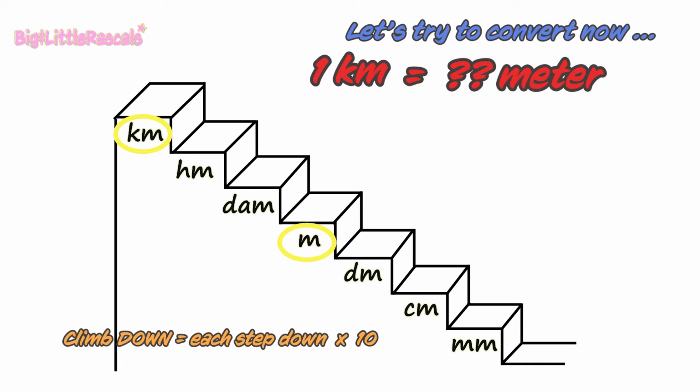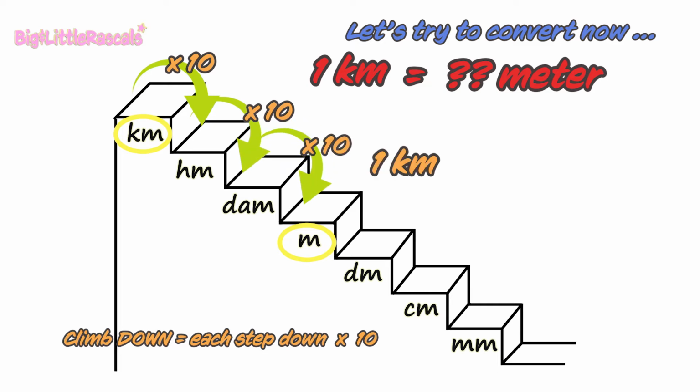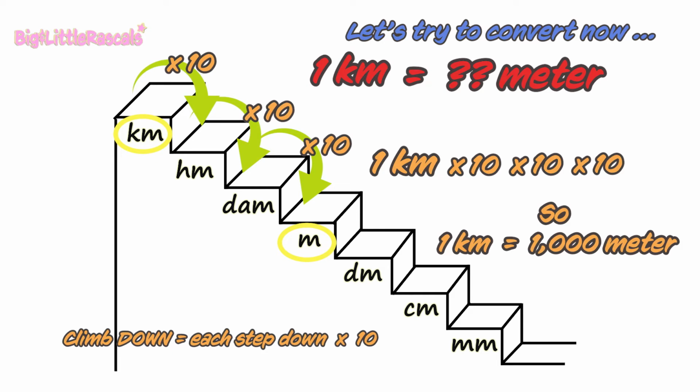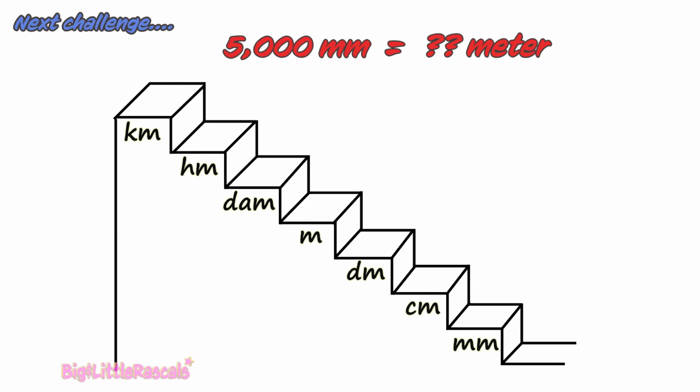As you are climbing down, each step you jump down, you need to multiply by 10. 1, 2, and 3 jumps. So 1 kilometer multiplied by 10, by 10, and by 10. 1 kilometer equals 1,000 meters. Easy, right? Now, let's try another challenge.